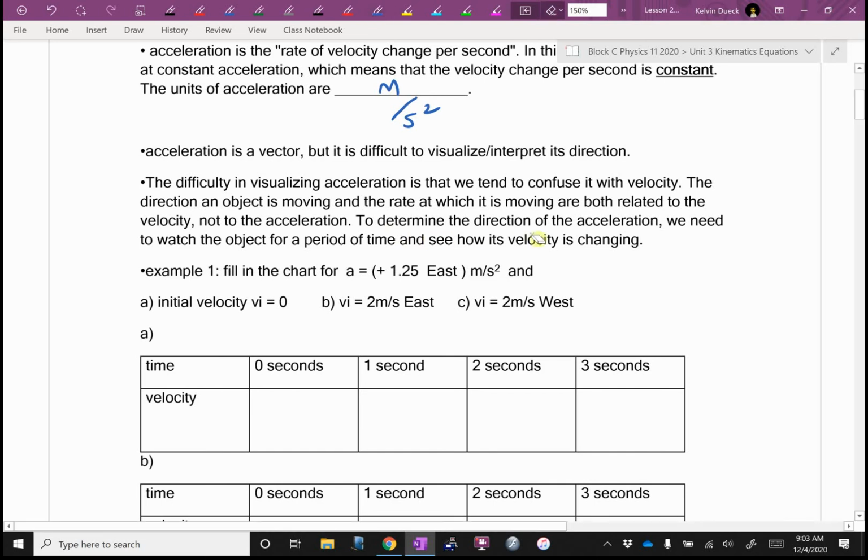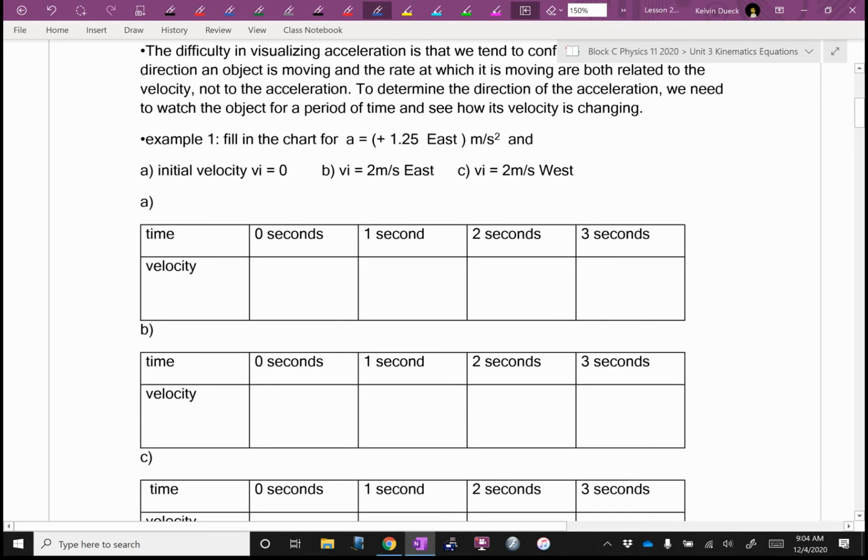So to determine the direction of the acceleration, we need to watch the object for a period of time. And we need to observe how its velocity is changing. We're going to do some examples here, intuitively longhand. And then we're going to ask, is there a shorter way to do this? And there is. So I've got a chart. We're going to look at 3 specific examples.